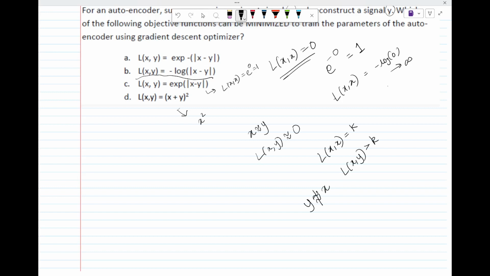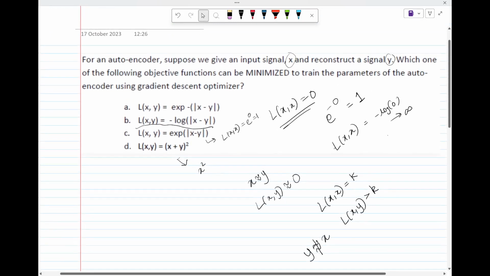So this option D we can straight away discard because it will not hold. If I use x with bigger values, if x is very high, then L(x, x) will be very high.